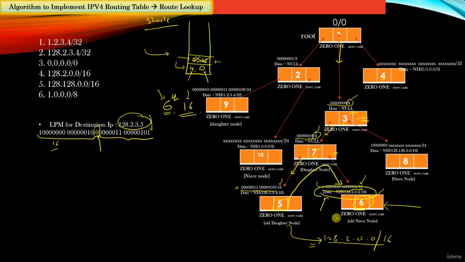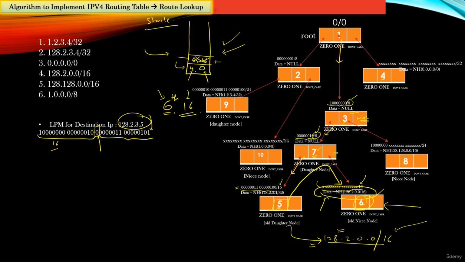And note that when your route lookup algorithm ends, it is not necessary that your stack should be empty. All right, your stack may have some elements by the time you have found the route of your interest. So you have to discard or destroy the stack which may contain some elements in it the moment you find the route of your interest.